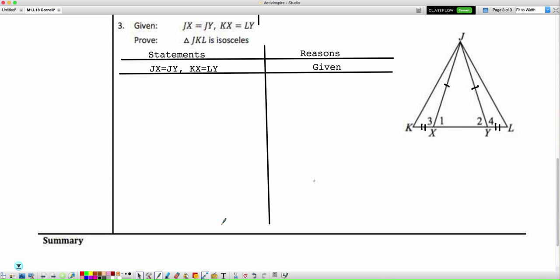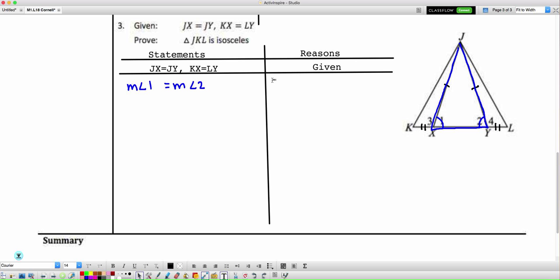So looking at this, I can tell just by glancing that this triangle JXY is isosceles because it's got two congruent sides. So that tells me that angle 1 and angle 2 equal each other. So I'm going to say that the measure of angle 1 is equal to the measure of angle 2. My reason is because they are base angles of an isosceles triangle.